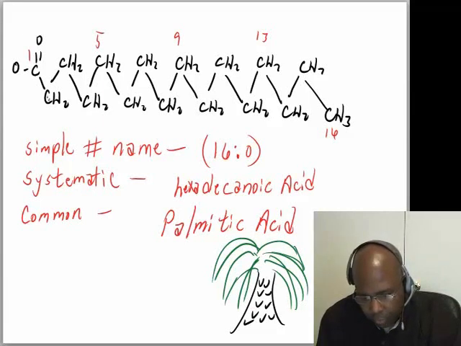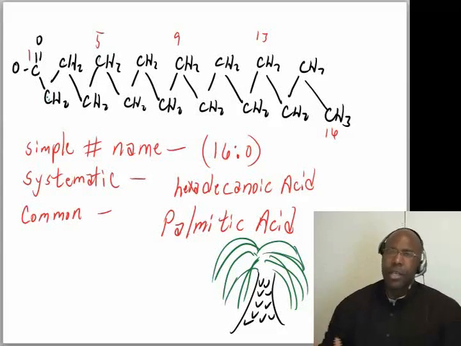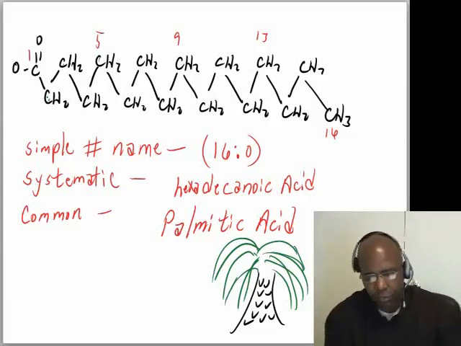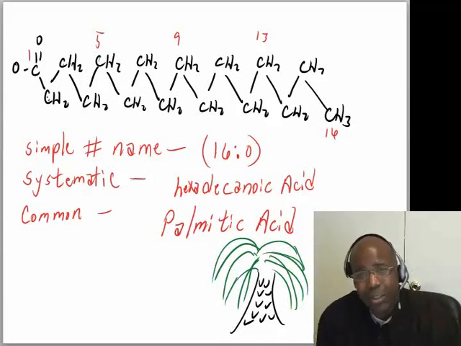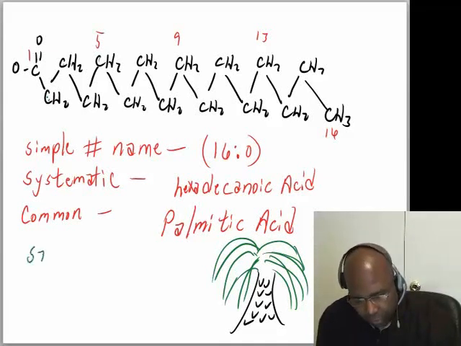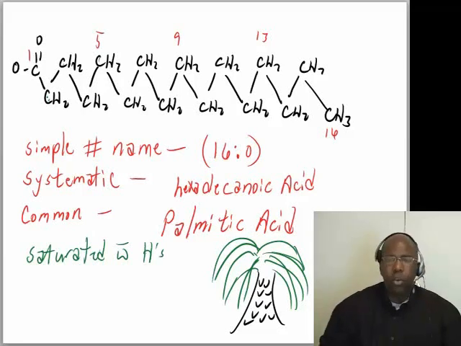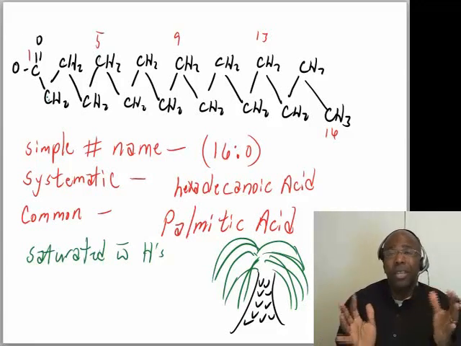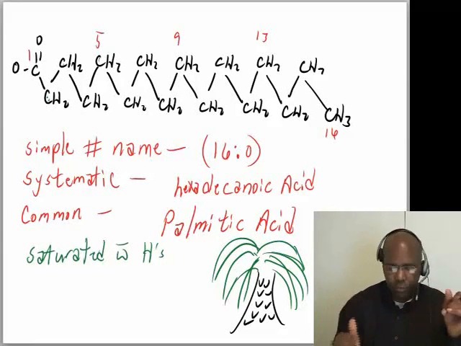Carbon 2, 3, 4, 5, 6, all of them have all 4 of their bonds. And so they're filled with hydrogens, and because they're filled with hydrogens, we say that they're saturated with hydrogens. All of the carbons in the hydrocarbon region are saturated with hydrogens.